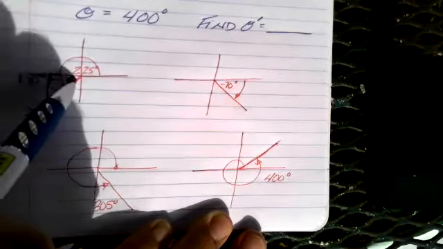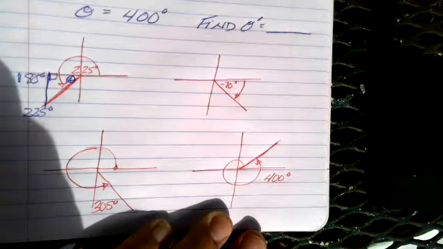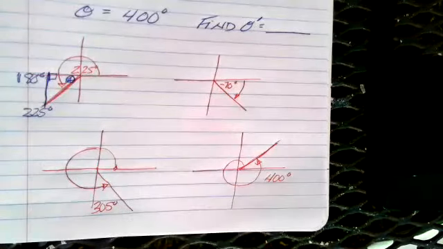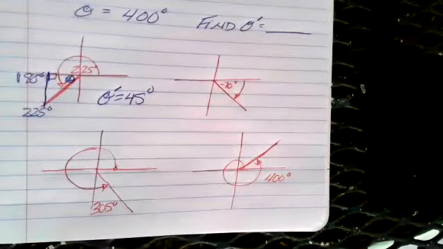We made a triangle, we're looking for that angle. Looks like that would be 45 degrees. In this case, theta prime would be 45 degrees. My reference angle would be 45 degrees.